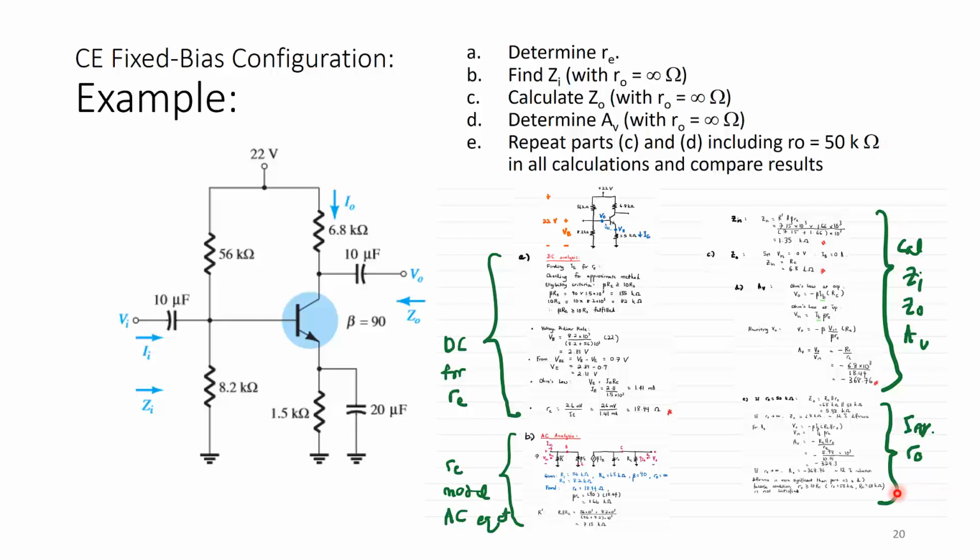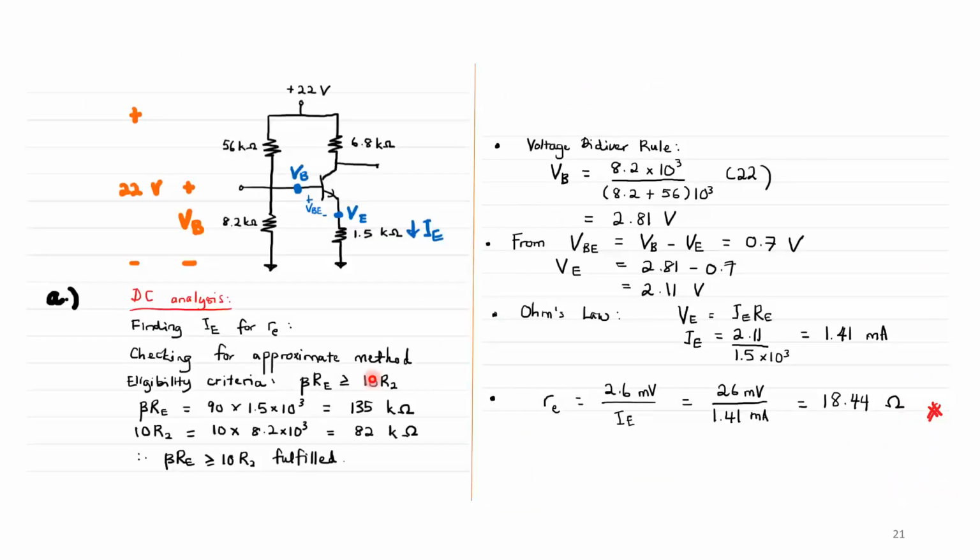Okay, this is the first part of the DC analysis. First I want to check, because I want to find IE, but for me to find IE I need to know whether I should do it using Thevenin equivalent circuit or using the approximate method. To check whether it fulfills the approximate method, I need to check against the eligibility criteria, beta RE greater than 10 R2.